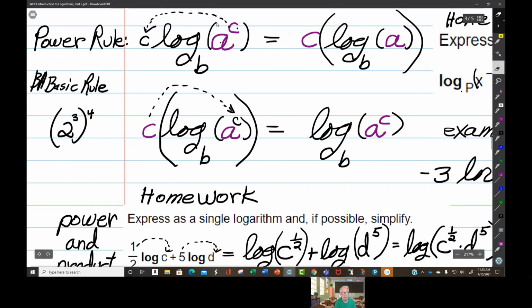Let me erase this so you don't get mixed up. This is related. See how you bring the c down in front and now you've got multiplication. Just like this, this would be 2 to the 3 times 4, which is 2 to the 12th power.